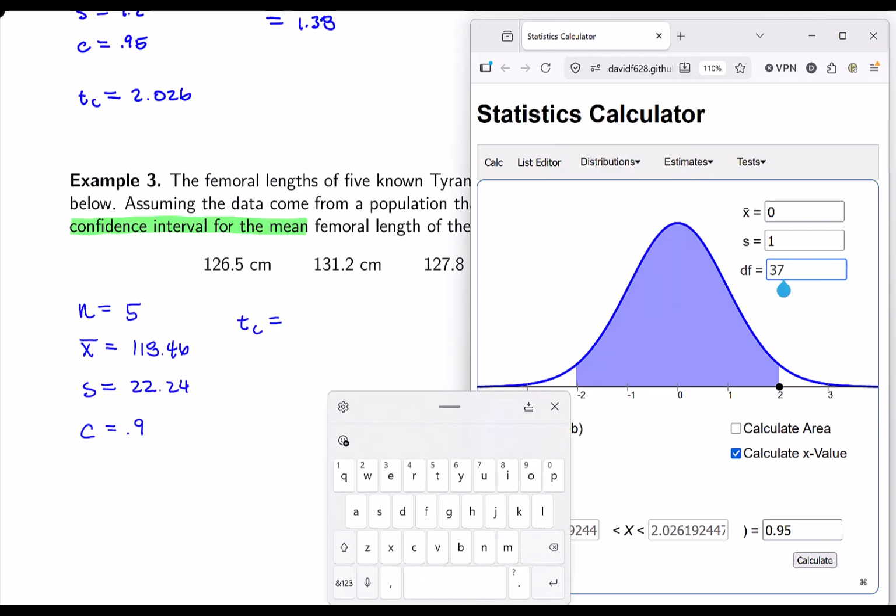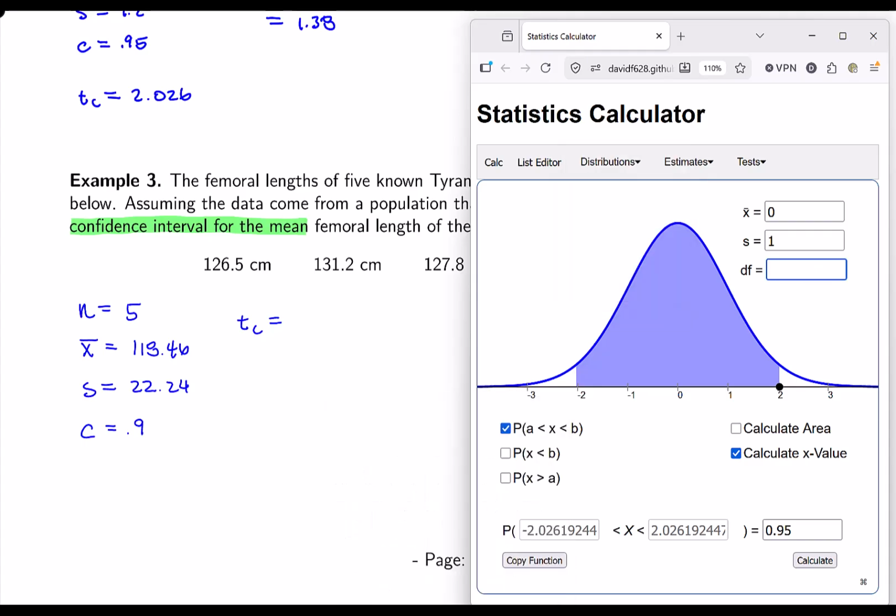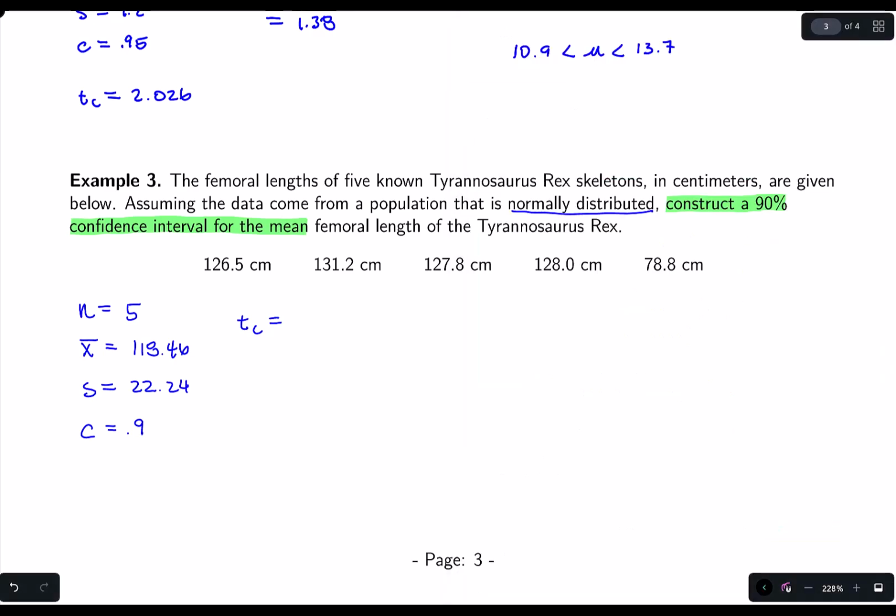We have a sample size of 5, which means we have 4 degrees of freedom. All right, that updates. And then we are doing a 90% level of confidence. So we change this value to 0.9, press enter, and 2.132. That is our critical value.